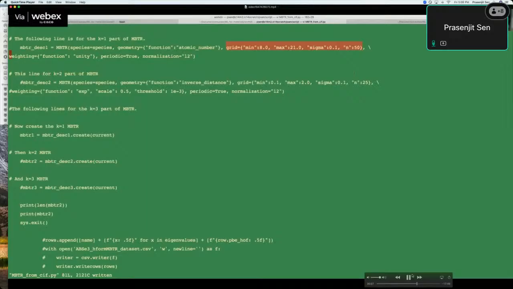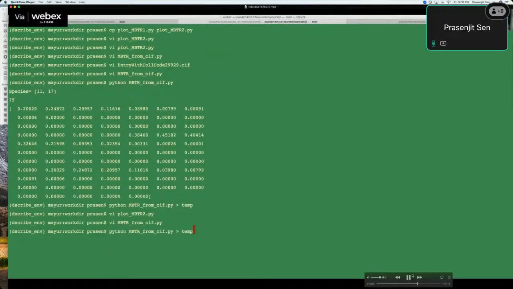And I calculate it at 50 different points with a sigma of 0.1. I mean, these are not something I have chosen carefully. This is just a demonstration. If you're trying to do serious calculations, you have to choose these quantities carefully. Weight function is unity. Again, I think that's the only option for one body in MBTR. So that is it. I will then run it once again.